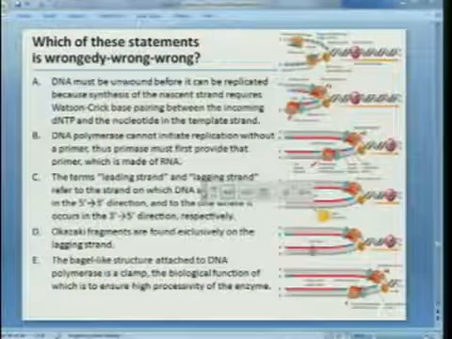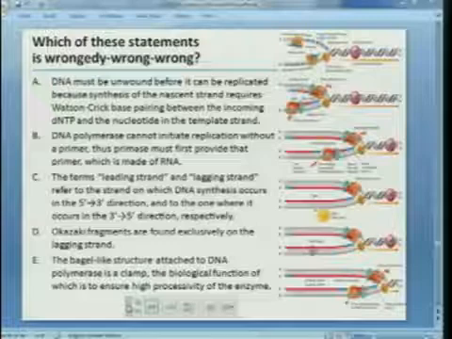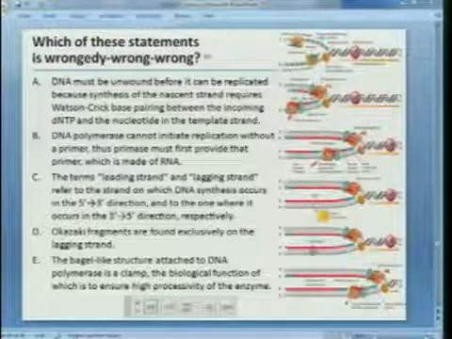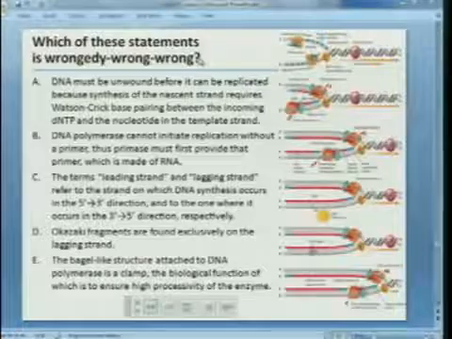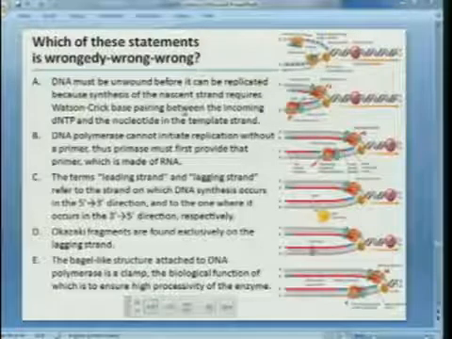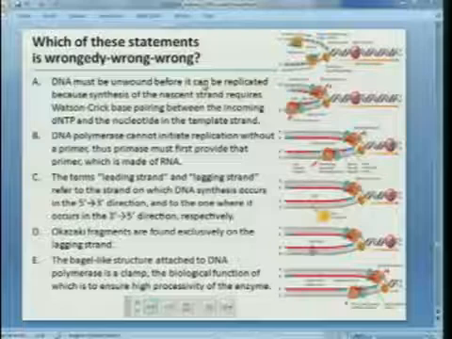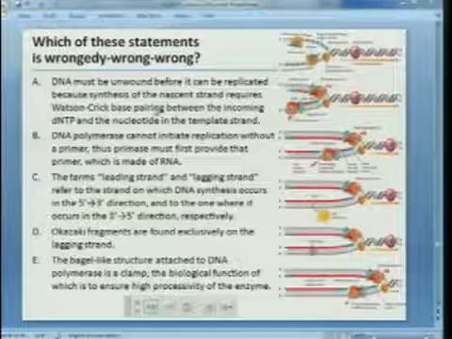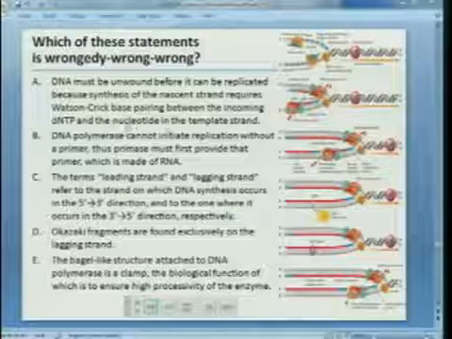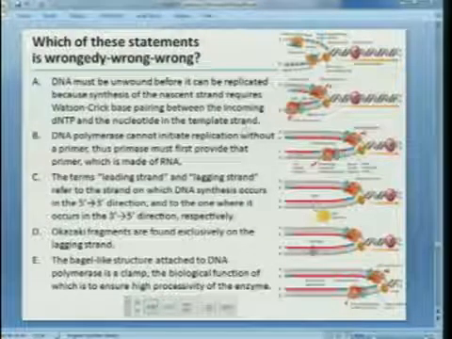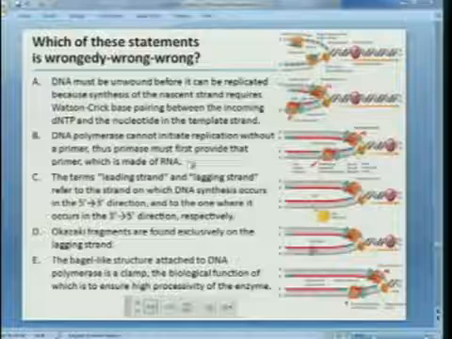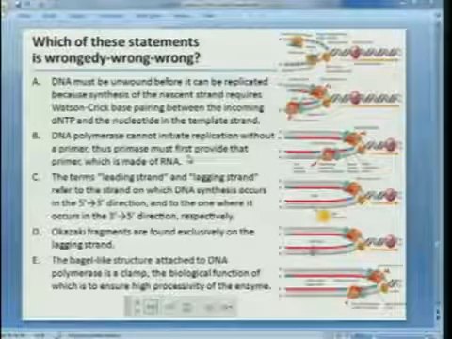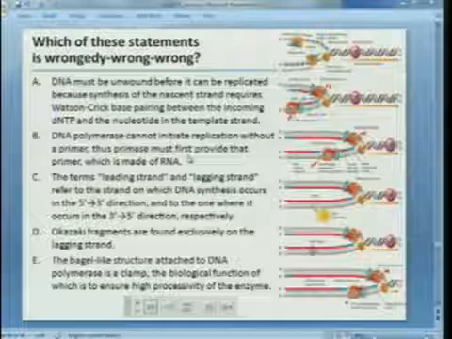All right, folks, the format is the same, and I promised you I would ask you about this, et voilà. One of these statements about DNA replication is wrong. Which one? A, DNA must be unwound before it can be replicated, because synthesis of the nascent strand requires Watson-Crick base pairing between the incoming dNTP and the nucleotide in the template strand. B, DNA polymerase cannot initiate replication without a primer. Primase must first provide that primer, which in fact is made of RNA.